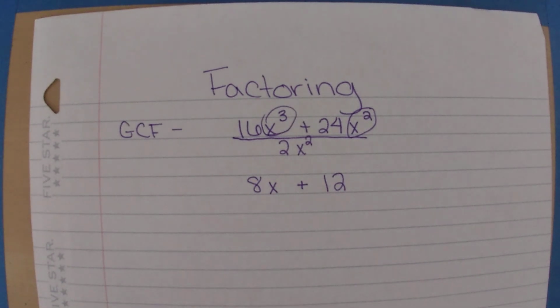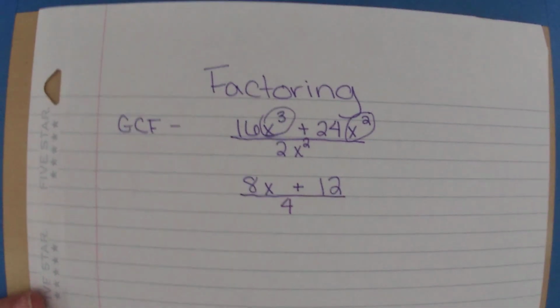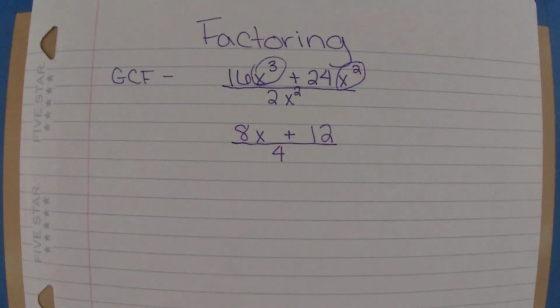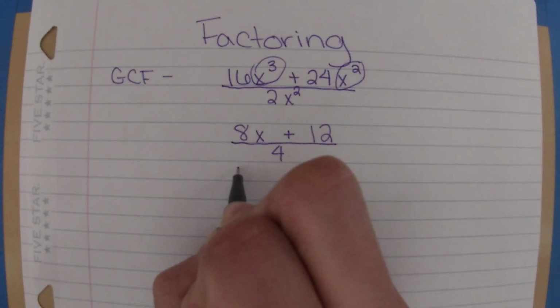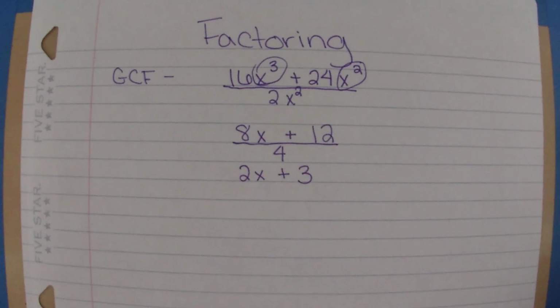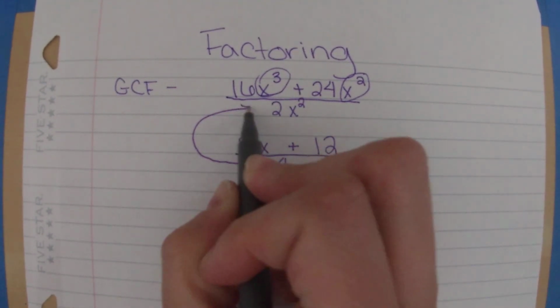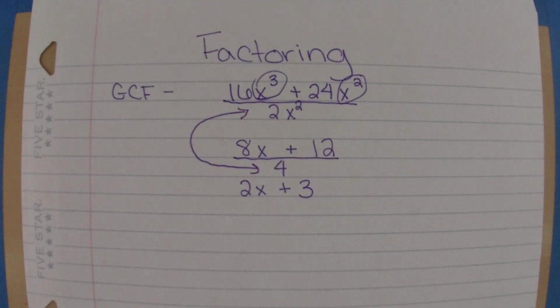Now, before we say we're done, we're then going to ask ourselves, is there anything we can think of that goes into 8 that would also go into 12? And if we don't get that GCF to start with, we can catch it here, and we can divide again. So 8 divided by 4 is 2. 12 divided by 4 is 3. Now, if you have to divide more than once, remember you need to take both of these and multiply them.